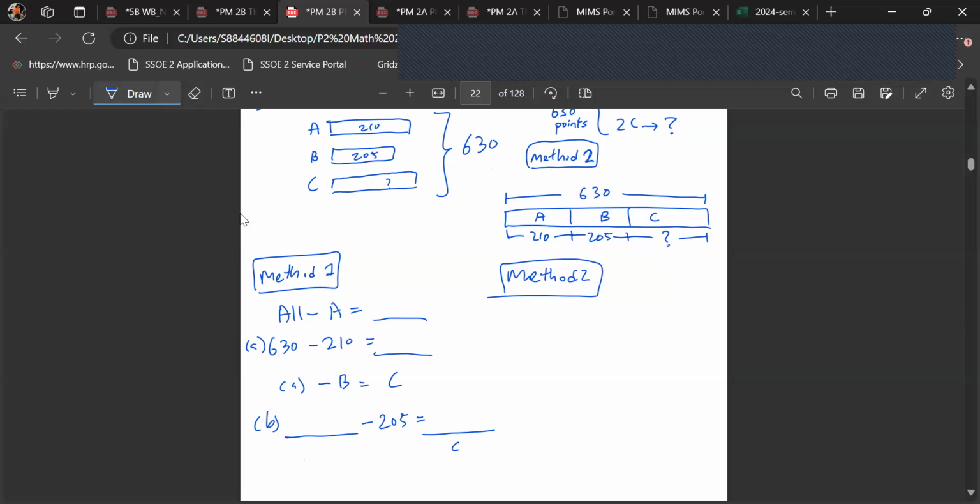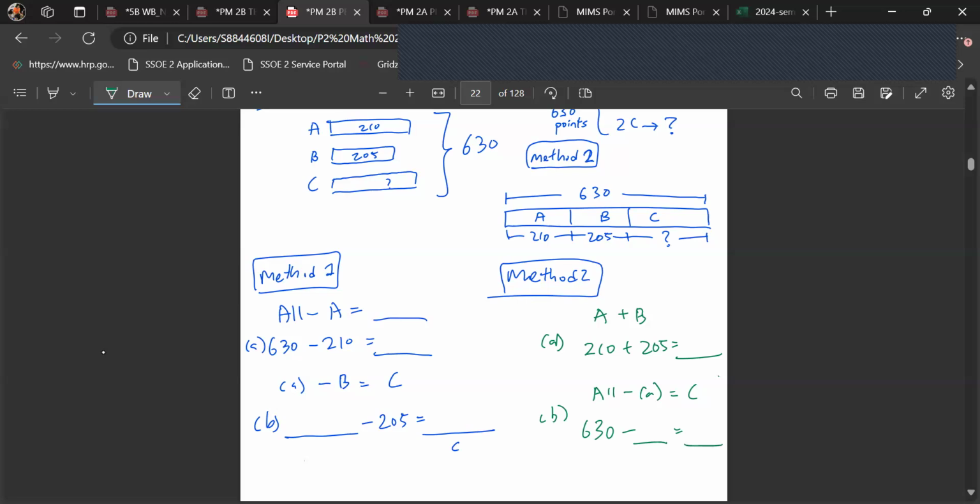So that's one method. Then there's another method. I will show you in green color. Method 1, I can use A plus B first. There's 210 plus 205. Then B, I use O minus AB. Yes. So I use 630, then minus, then I get my answer.